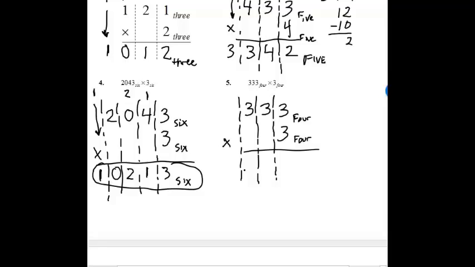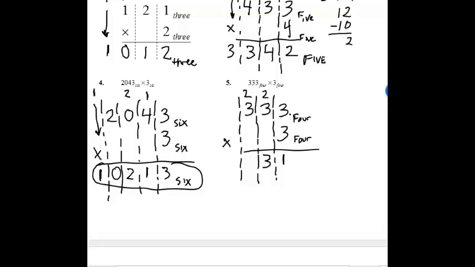How many times does 4 go into 9? 2 times. What's the remainder? Subtract off 8, we get 1. 3 times 3 is 9, plus 2 is 11. How many times does 4 go into 11? Again, 2 times. Subtract off the 8, and we're left with 3.